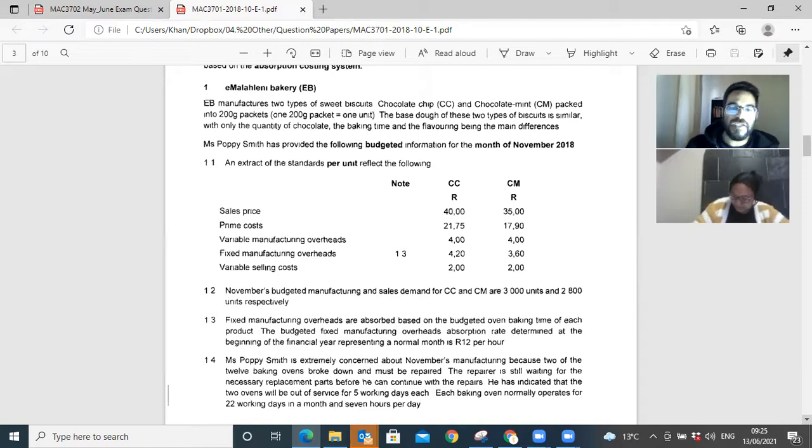So why this is important, although when you see the cost of a product, you must always remind yourself that the cost of a product is direct material, direct labor, manufacturing overheads. Manufacturing overheads is fixed and variable, and it depends which costing system.